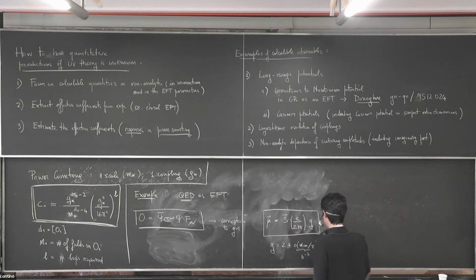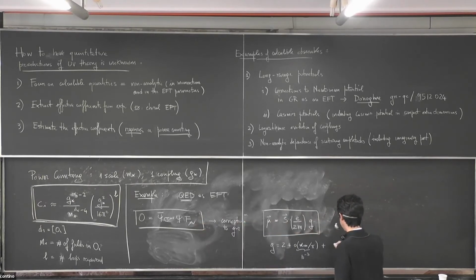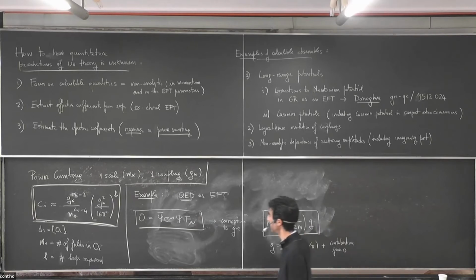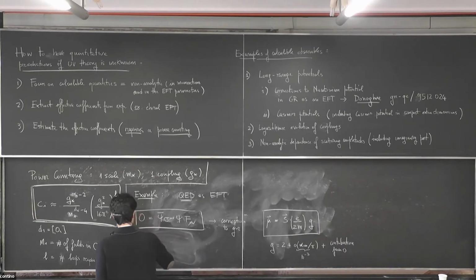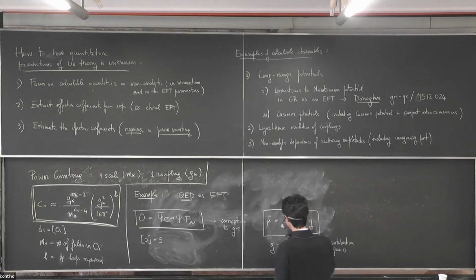And then I would add, plus the effects from this operator, plus the contribution from O. So this operator has dimension 5. Now you can conveniently define A to be (g minus 2) divided by 2.